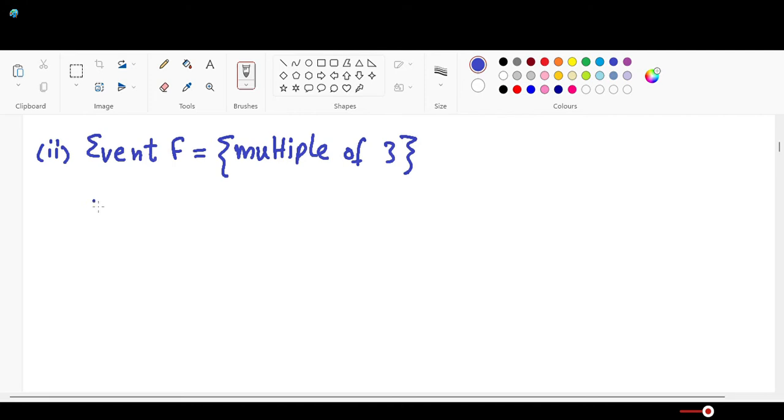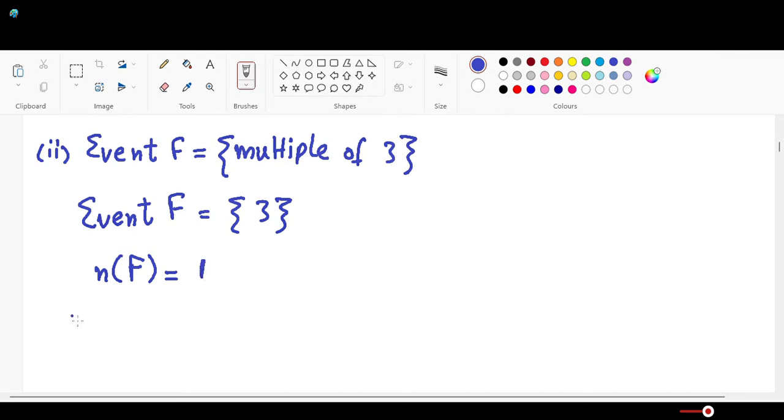Just by looking at the sample space, what is a multiple of 3? We have 1, 2, 3, 4, and 5. We don't even have 6, so there's only 3 as the multiple. That means the number of elements in event F is 1.